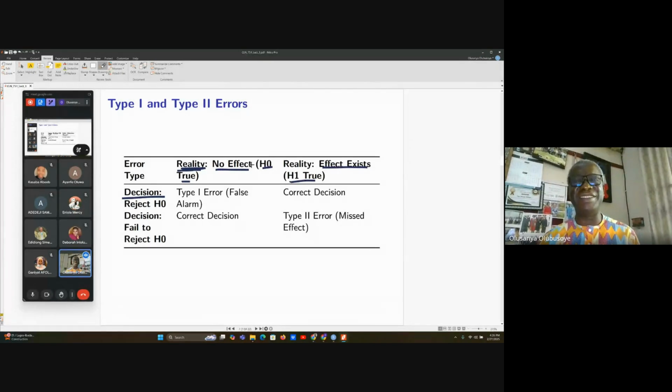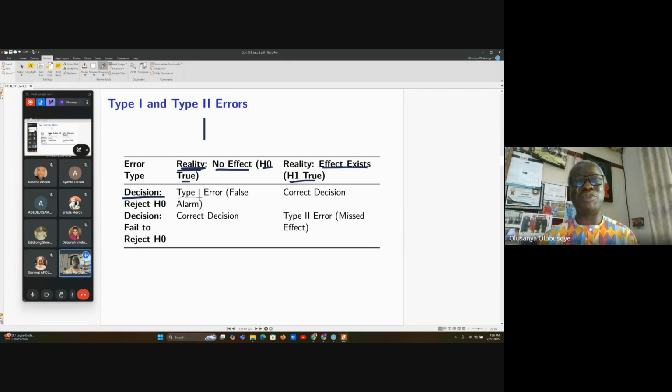This is the reality, which is what is the actual. The actual is that there is no effect. Is that okay? Yes, sir. So there is no effect, which means in reality, H naught is true.